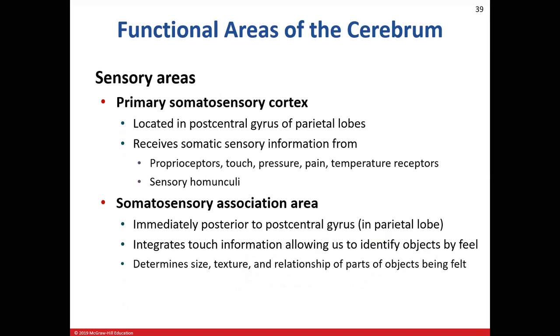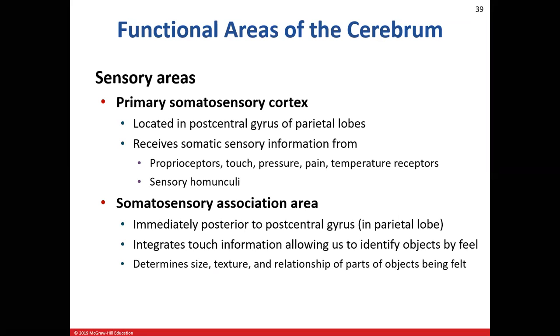Then we move from our motor areas to our sensory areas. Now we're looking at the area known as the primary somatosensory cortex. This is our first one, and it's located in the postcentral gyrus of the parietal lobes. It receives somatic sensory information from essentially the rest of our body, or from outside of our body.